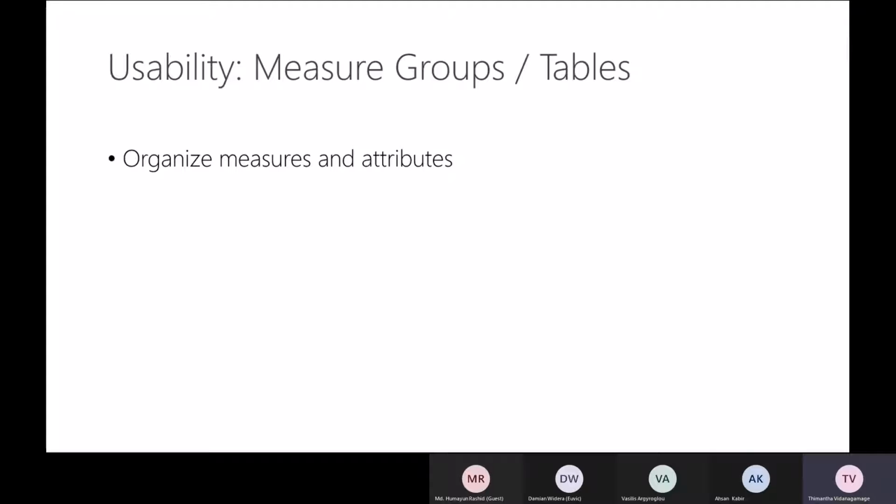So the first thing I would like to focus on is measure groups and tables, right? So in terms of usability, the usability of the model is obviously improved when you organize your measures and attributes accordingly, because it would be easier for the folks who are engaged in self-service BI specifically, and not specifically if you have fixed reporting requirements.